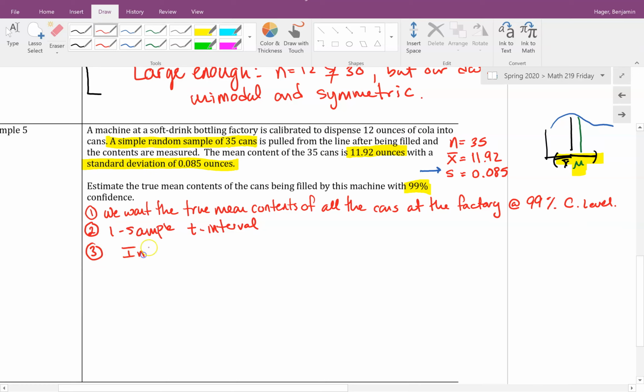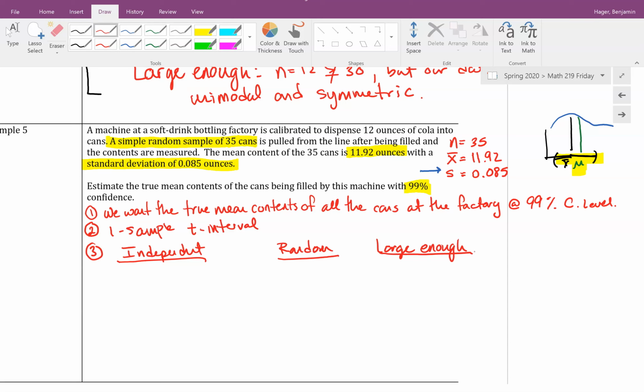Is our sample independent, random, and large enough? Again, the whole idea here is to make sure that we're doing good statistics. We don't want people to be able to argue with us at the end of the day. Independent: I don't even bother thinking about the situation.